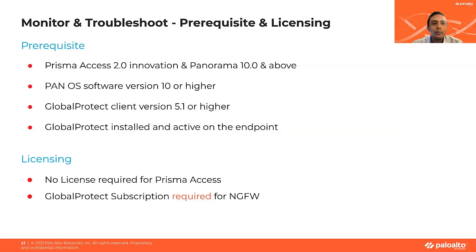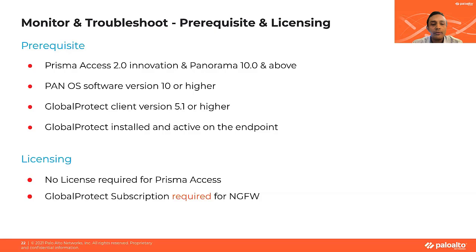Now let's go over some of the monitoring and troubleshooting aspects, and prerequisites and licensing for this feature. As a part of the prerequisites, you will need a Prisma Access 2.0 Innovation plugin and Panorama 10.0 and above. If you're going to utilize this feature in your on-prem environment, then you will need a PAN-OS software version 10 or higher, GlobalProtect client version 5.1 or higher, and GlobalProtect has to be installed and active on the endpoint.